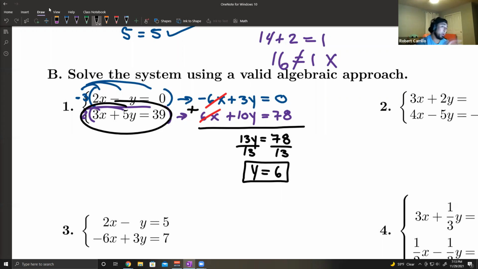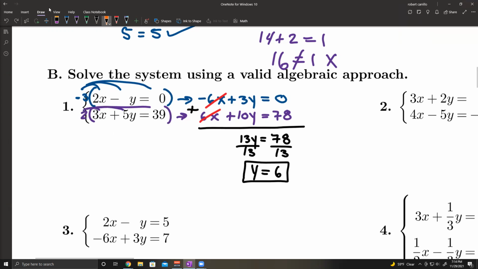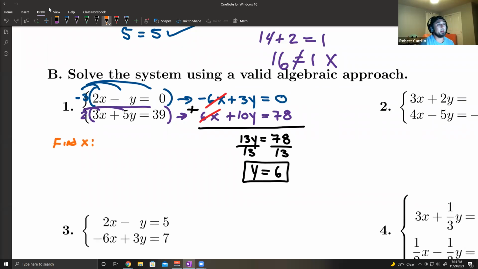And it doesn't matter which one you choose because both of them will give you the same answer. So this is all dependent on which equation looks easier to plug into, the first or the second one. First one. Let's choose the first one. Find x, and we'll choose the first one.